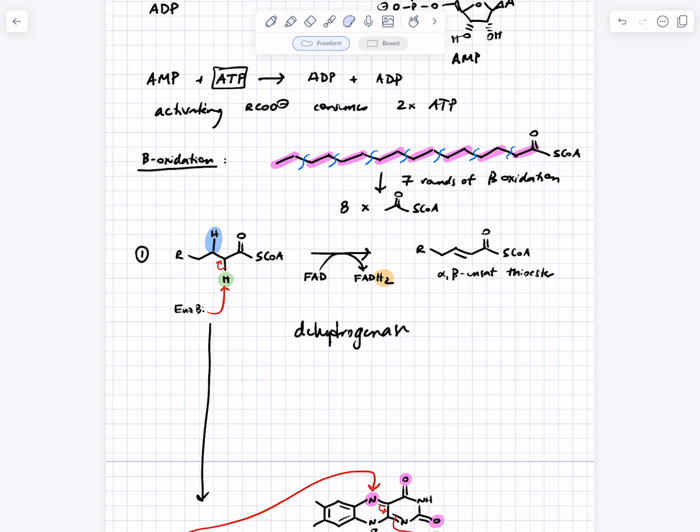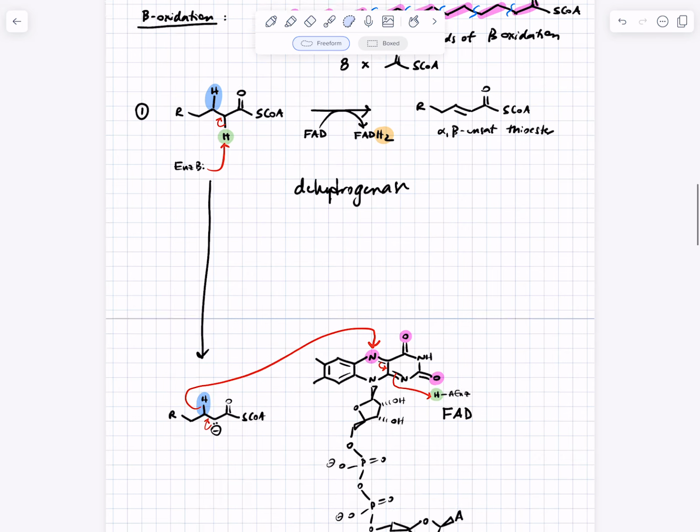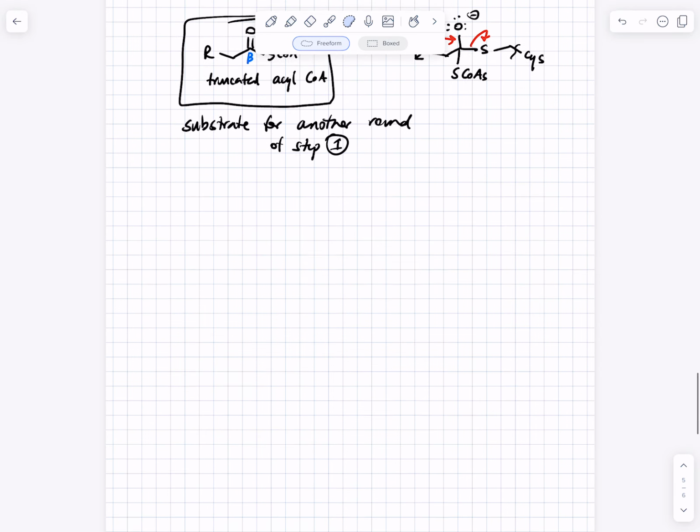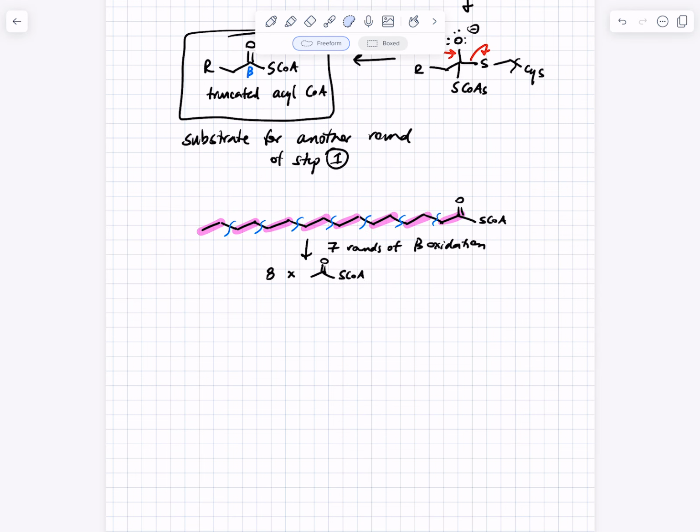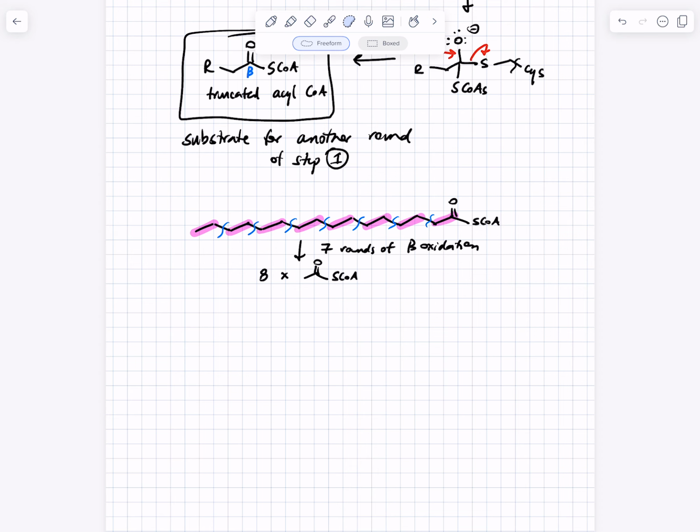And we do it again and again and again until we've converted this 16 carbon acyl-CoA into 8 molecules of acetyl-CoA. By the way, 16 carbons, 8 units of acetyl-CoA. How come I'm saying you only go through beta oxidation 7 times?